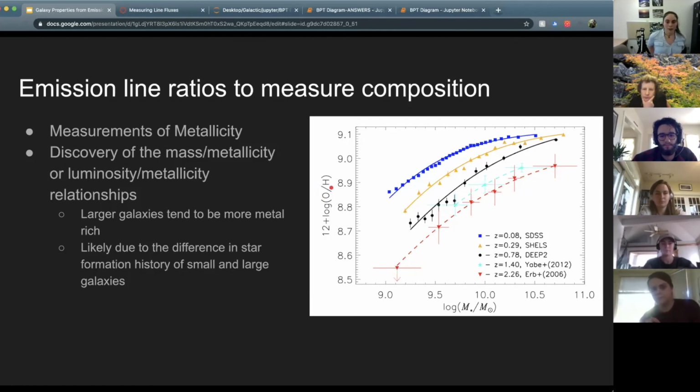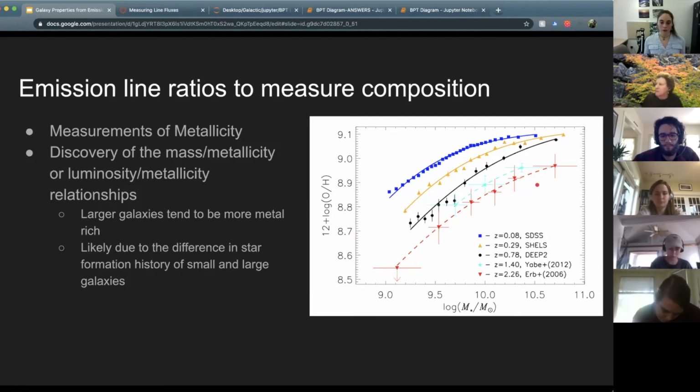Measurements of the metallicity of galaxies have shown us that there's a relationship between mass and metallicity, which is kind of cool. So that's what this graph is showing here. Galaxies with higher metallicities also tend to have higher stellar masses. And that's probably because of differences in star formation histories.